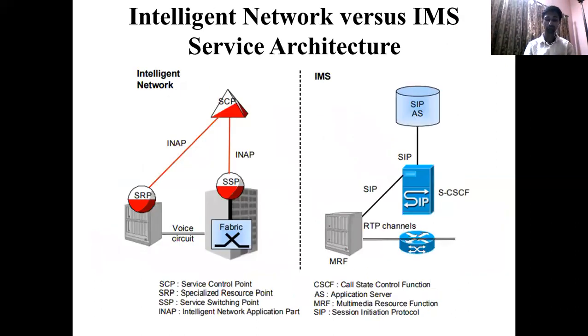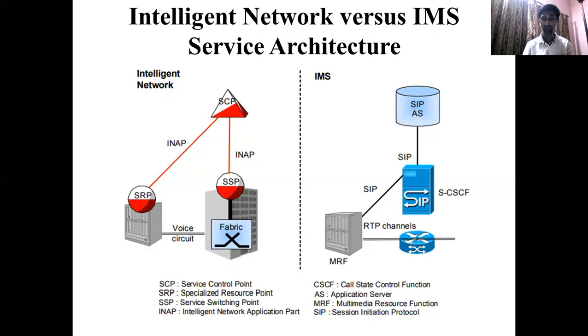When we consider IMS as compared to our intelligent network, what are the main points we have found? That is AS, the application server, which provides a service execution environment, application-specific logic, and all the signaling for one or more services.